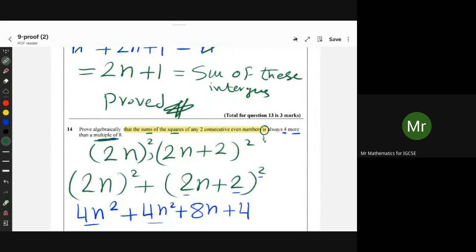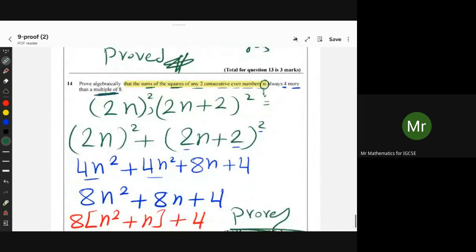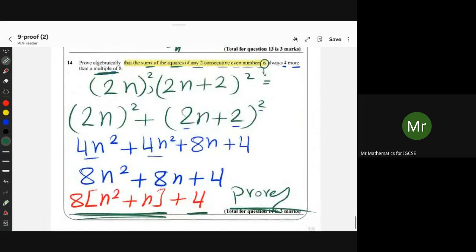He said that the sum of the squares of any two consecutive even numbers, here is the working on the sum, is, which is equal to what? 4 more than a multiple of 8.